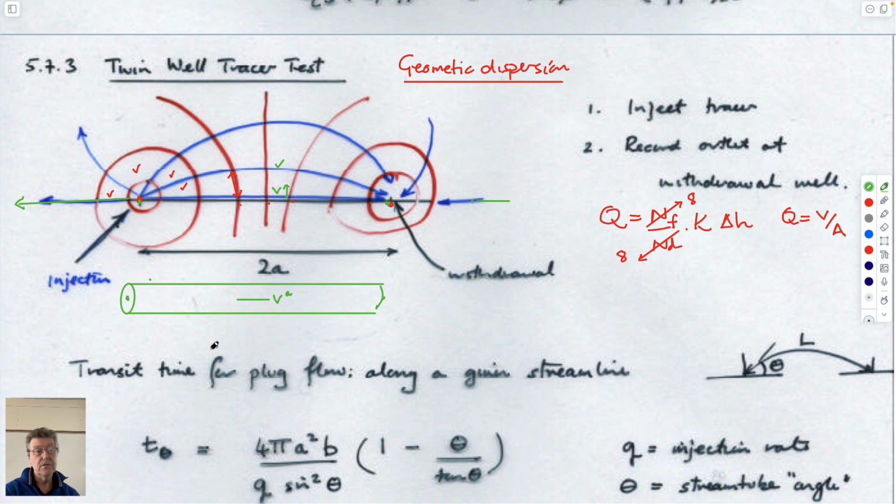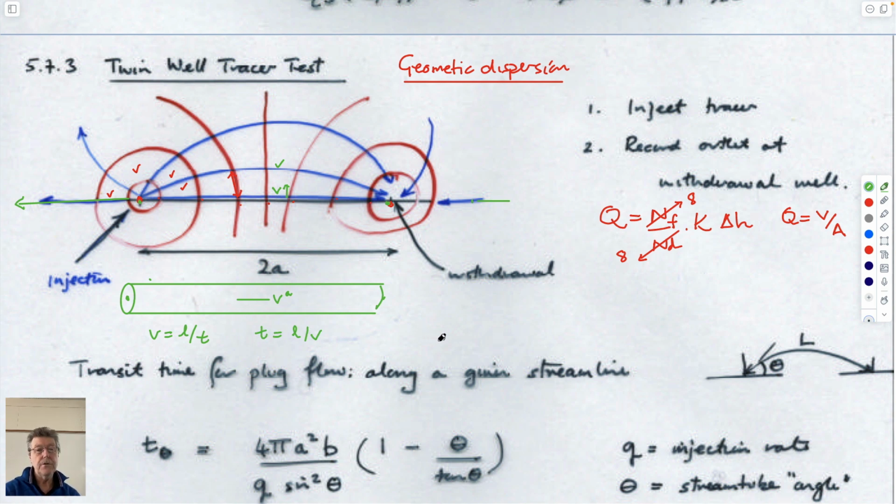And so velocity is equal to length over time. So the arrival time would be equal to length over velocity. So if this is a short length and a large velocity, then this will be the shortest time to arrive.